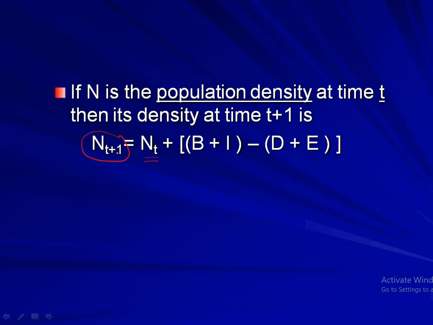So population density at time t plus 1 is equal to Nt, the initial density at time t, plus B plus I, minus D plus E, where B is natality, I is immigration, D is the mortality or death rate, and E means emigration.